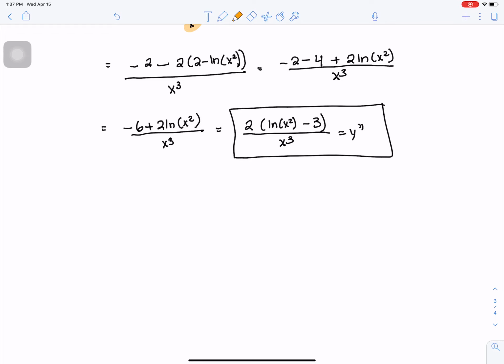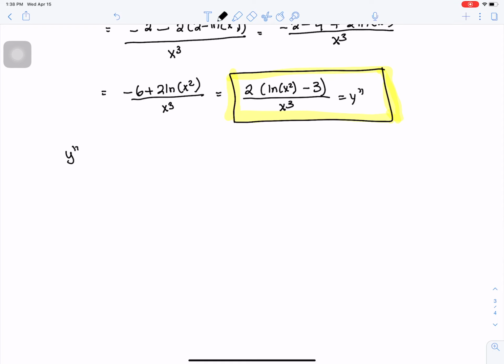So now that's an important thing. I'm going to highlight it. That's the solution to my problem. Well, that's my derivative. Where does the second derivative equal 0? That would mean that ln of x squared minus 3 would have to equal 0.